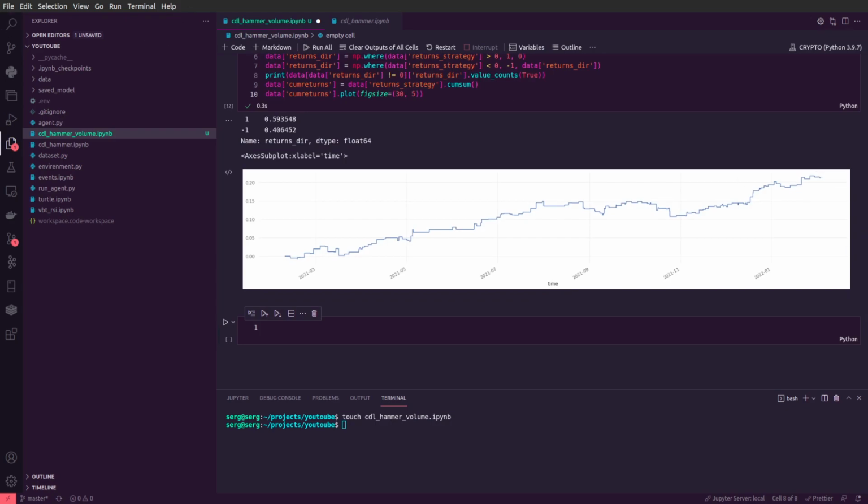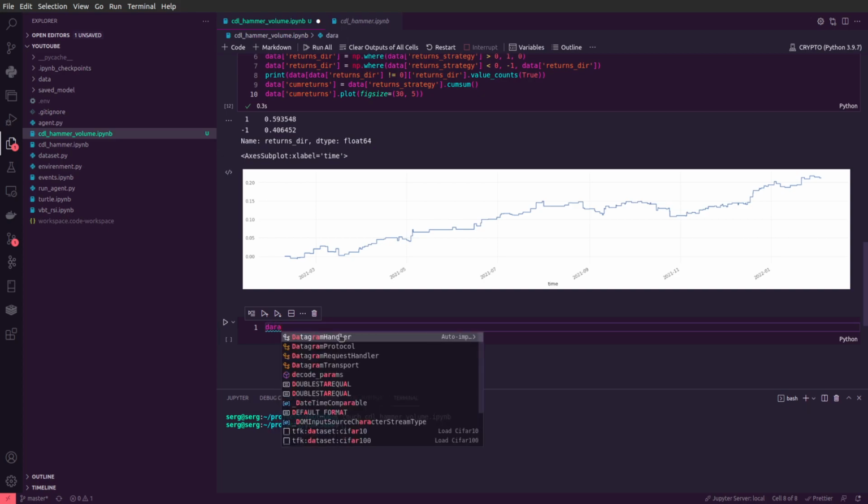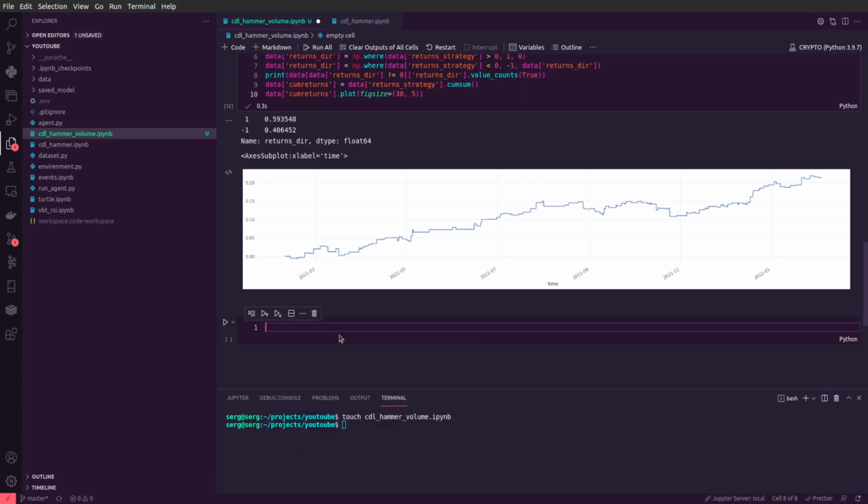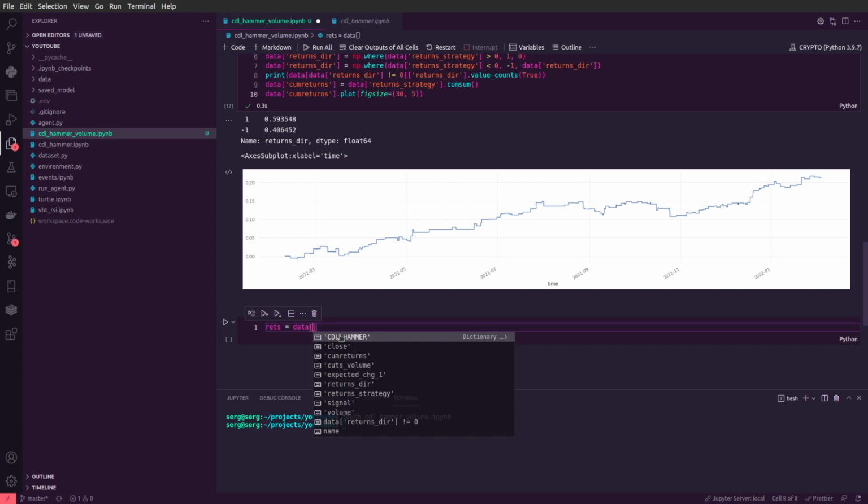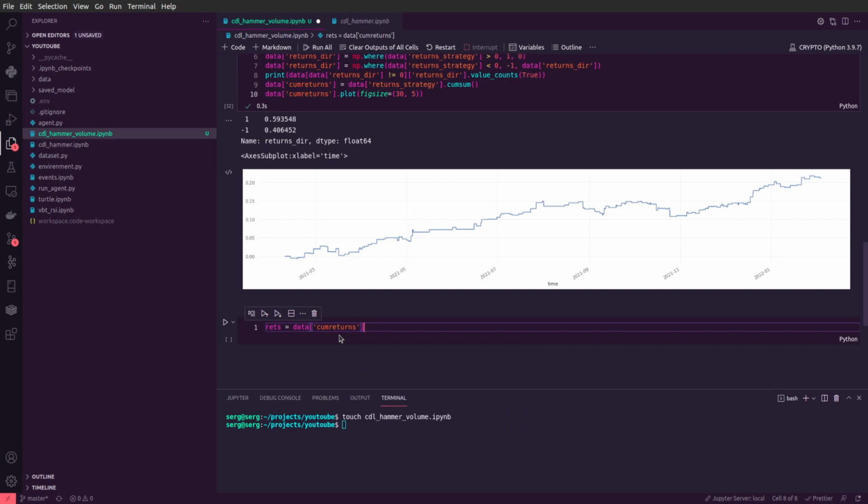But we could use the vectorbt library to calculate some useful statistics, and I would like to show you how to do it. For example, let's do some returns. It would be data to indicate our cumulative returns, for example.